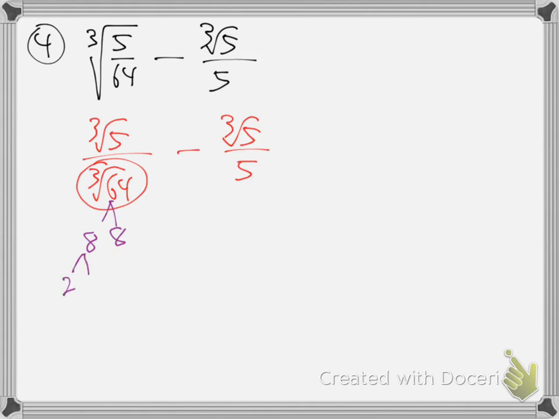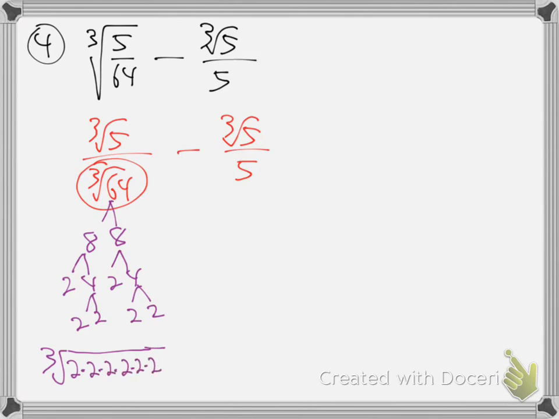Keep going. 2 times 4, 2 times 4, and each of those 4s is 2 times 2. So we have the cube root, and the 64 is 1, 2, 3, 4, 5, 6 2's, isn't it? You with me? 1, 2, 3, 4, 5, 6 2's.